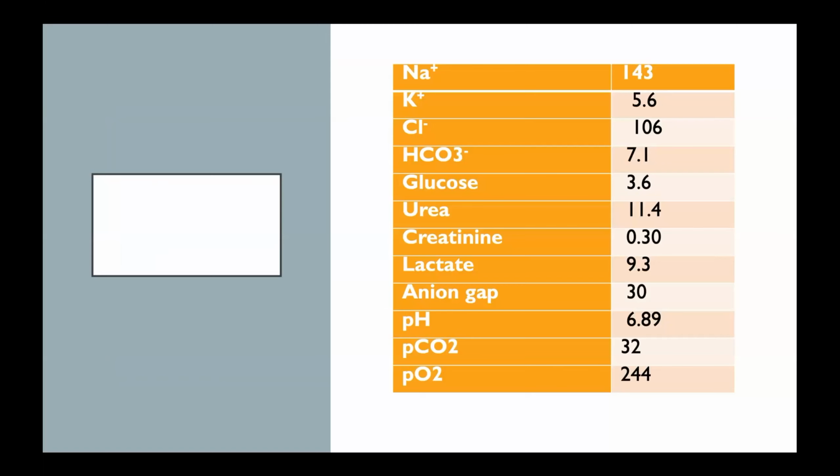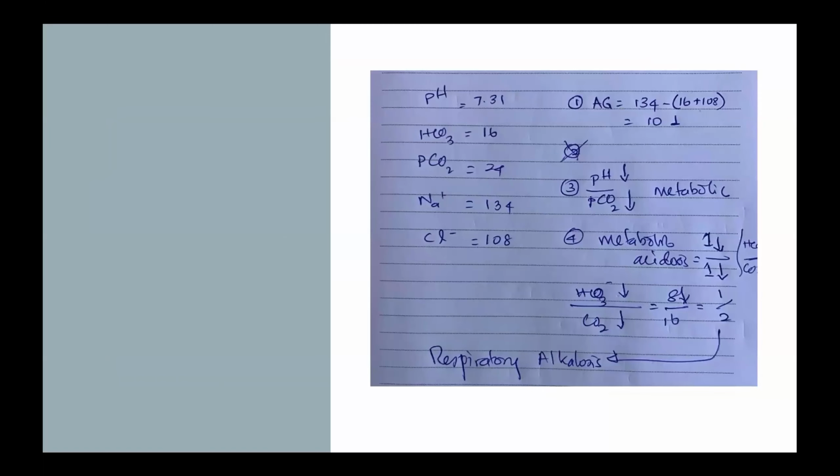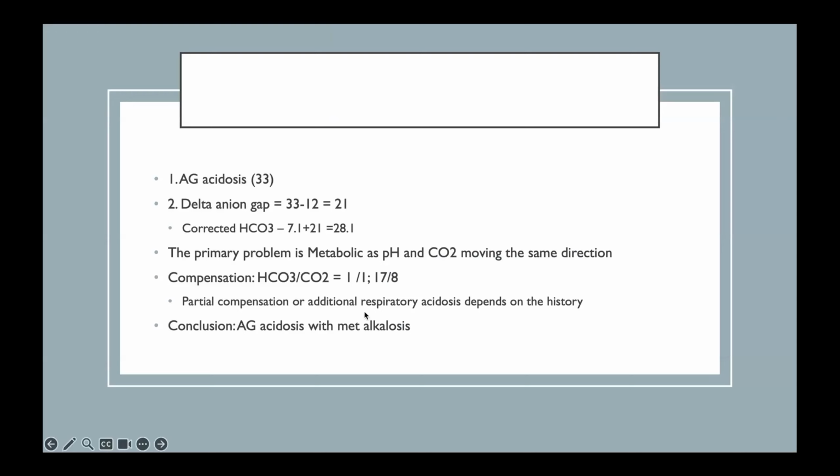Here there could be inadequate compensation, or there could be an additional respiratory acidosis. So this is an anion gap acidosis with metabolic alkalosis, where the compensation is not adequate, or an additional respiratory acidosis may be there. That's the reason the compensation was not adequate. Sometimes carbon dioxide retention may be there initially, so you have to see the patient history to decide for this patient.